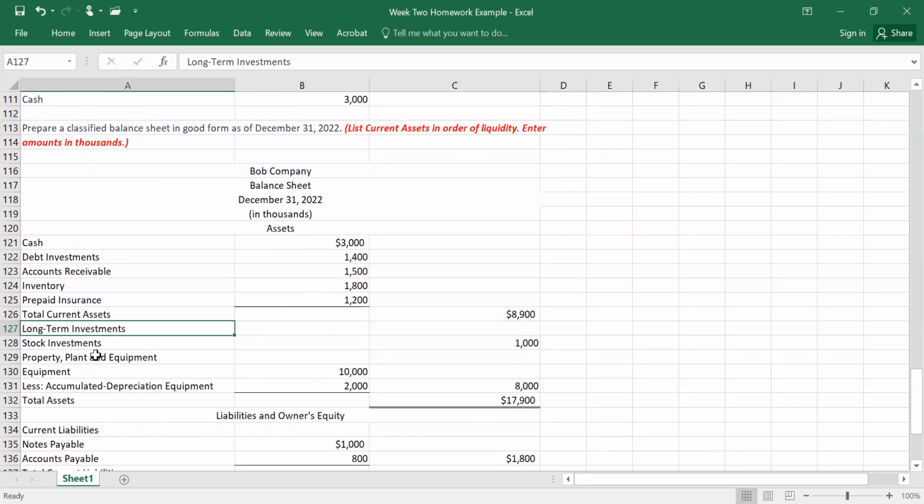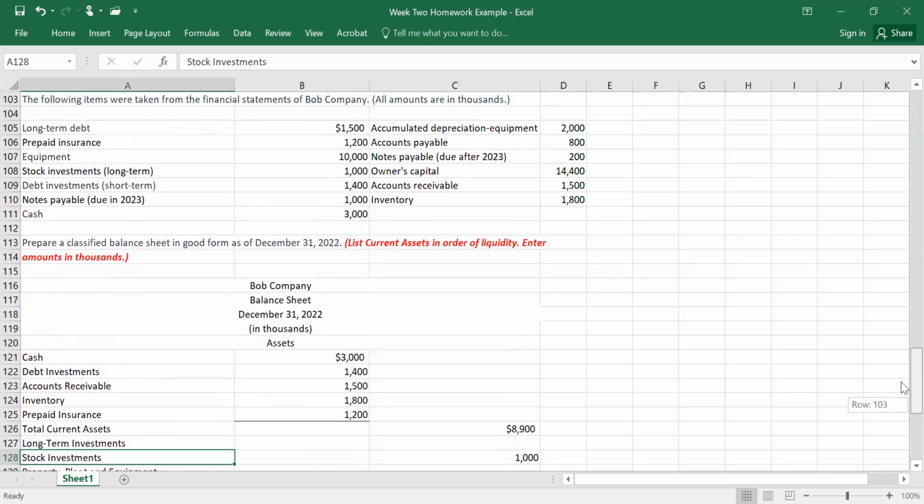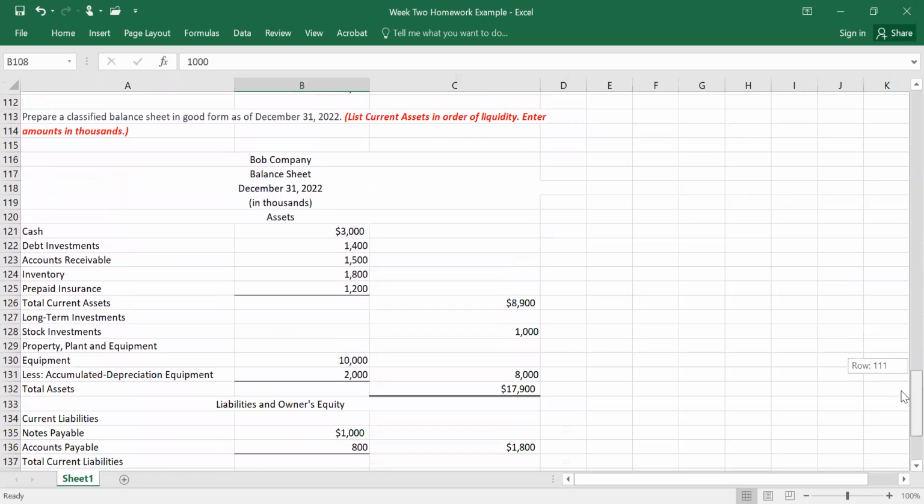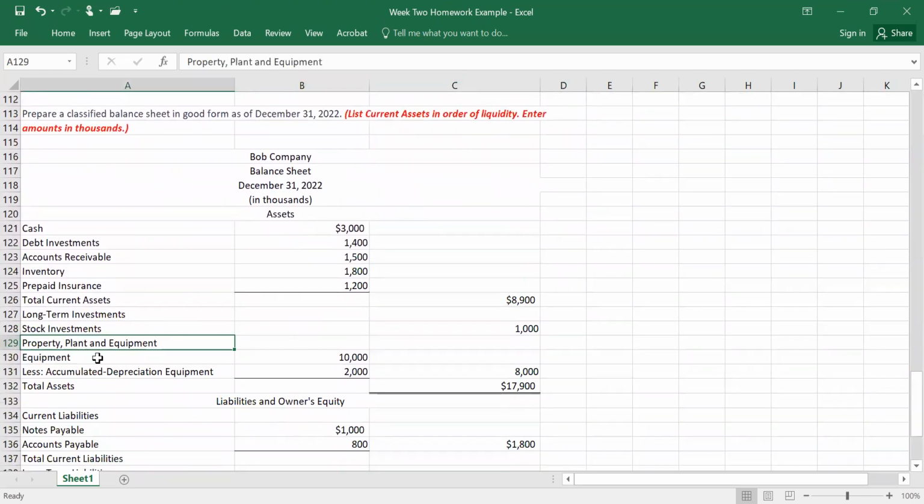Then we're going to note our long-term investments. We have a stock investment of 1,000. That's right here. And after that stock investment, we're adding our property, plant, and equipment.